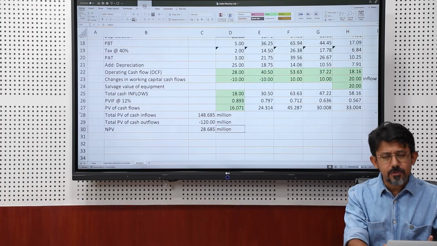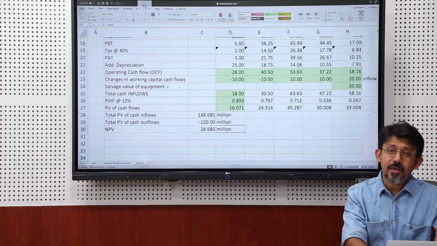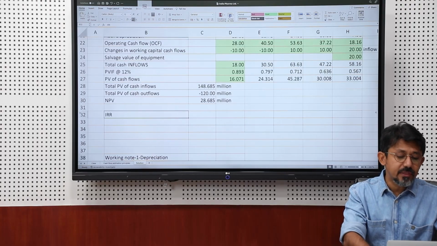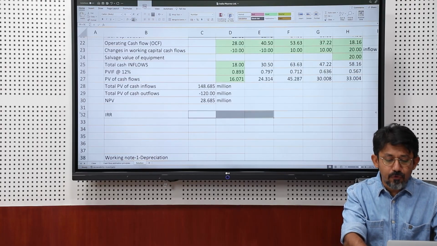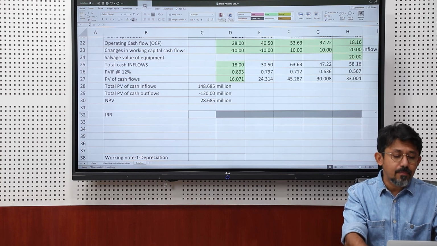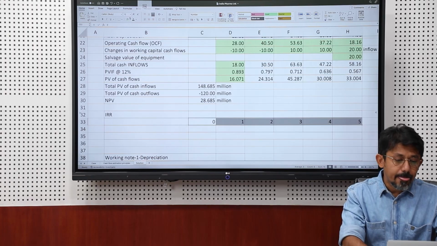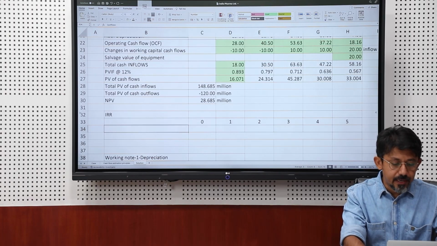So, that is one part of the solution, and then we look at the IRR calculation, which is also simple given the IRR inbuilt formula in Excel. So, all that I am doing is I am representing the years over here. Cash flows we have already calculated. So, I am just reproducing the cash flows.